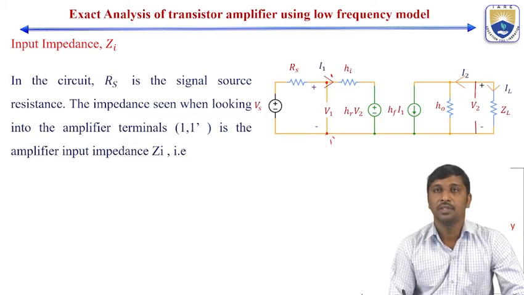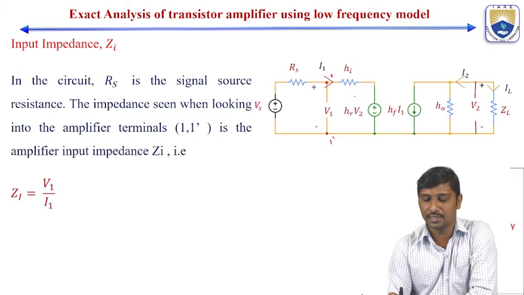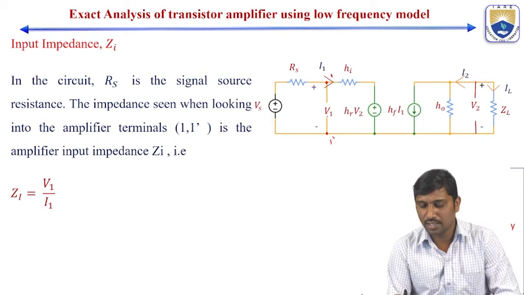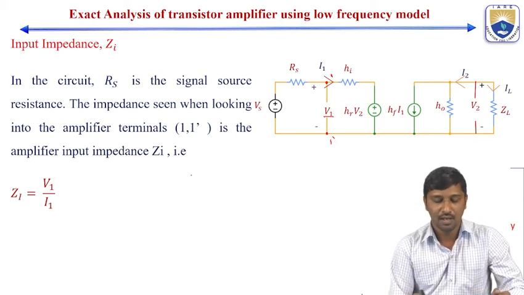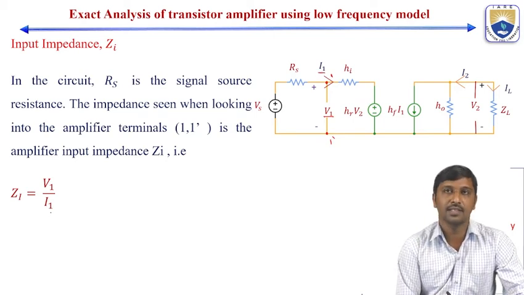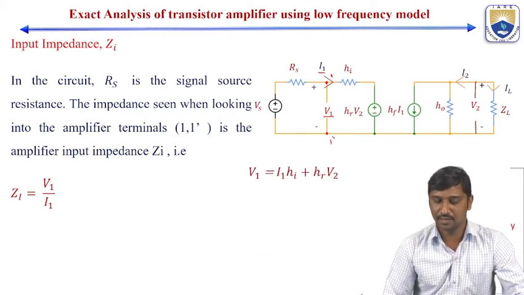We know that input impedance is defined as the ratio of input voltage to input current. In this small signal model, the input voltage is V1 and the input current is I1. Now we need to find the V1 and I1 parameters.